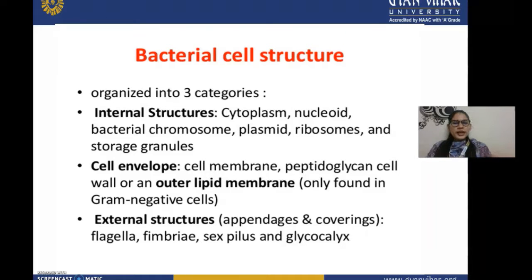Now, coming to the basic point, bacterial cell structure is organized into three categories. First, internal structure, which includes cytoplasm, nucleoid, bacterial chromosome, plasmid, ribosomes, and storage granules. Second, the cell envelope, which includes the cell membrane, peptidoglycan cell wall, and an outer lipid membrane found only in gram-negative cells.